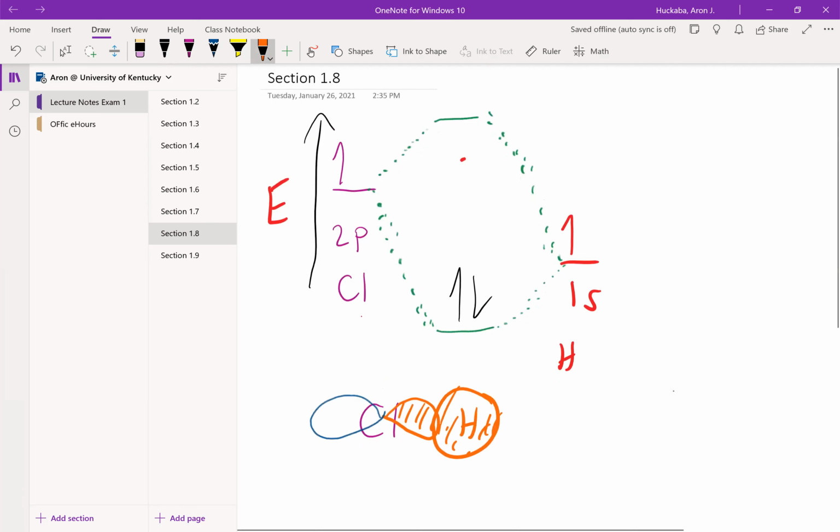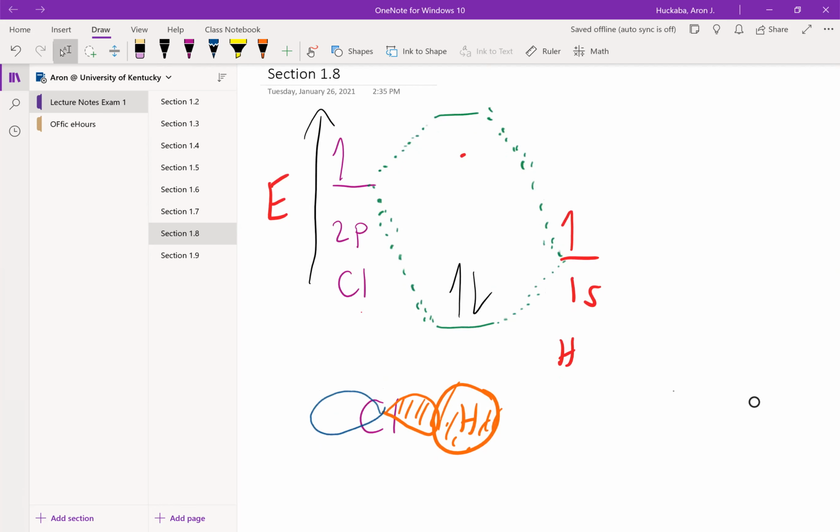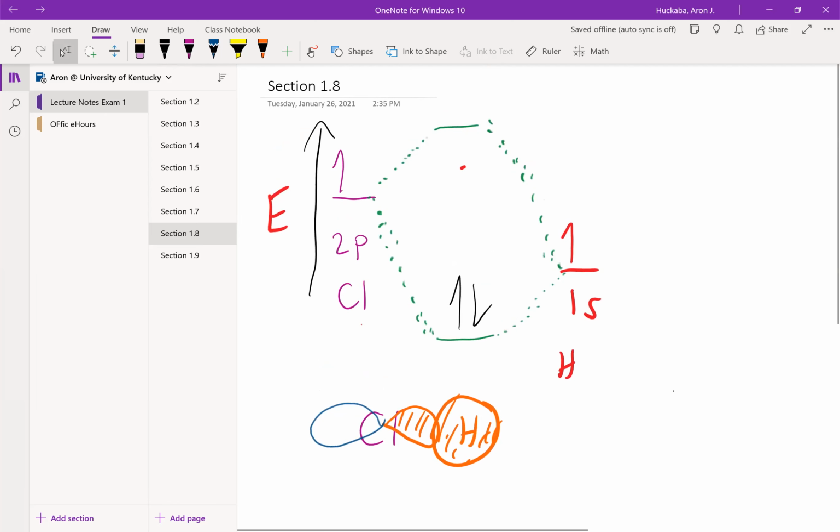While we have this low energy state here, there's also a much higher energy state that's possible, but it's a little confusing because it's not a bonding state. It's called an antibonding state.